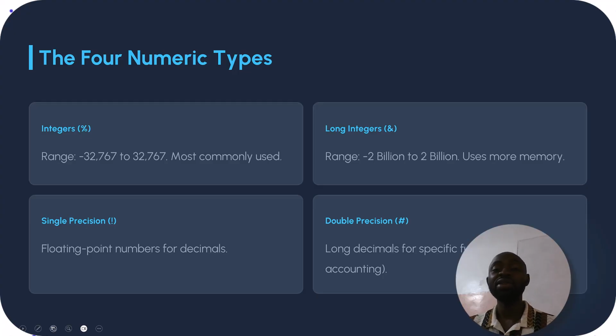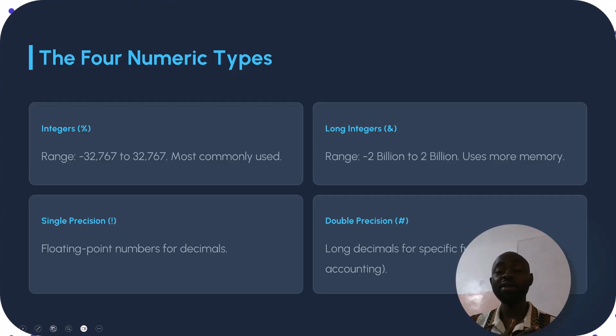So that is the range of the numbers that we can assign to a variable in QBasic. Also, we have the long integers. A long integer is like a double of the integer, so it has a bigger range than the normal integer, and it uses more memory.